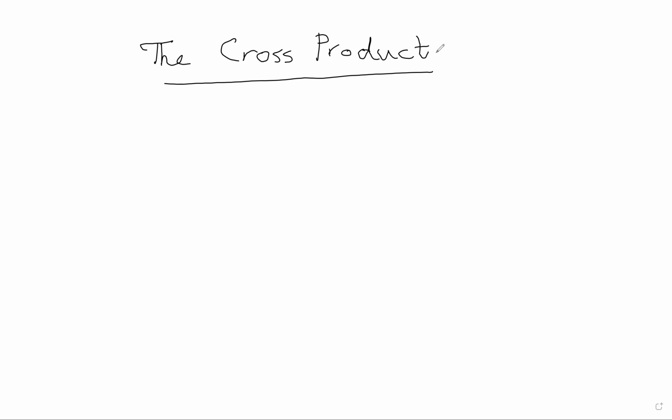So let me first let you know how it is defined, and then I'll let you know a method that you can easily memorize how the cross product can be obtained. First, let me define the cross product.